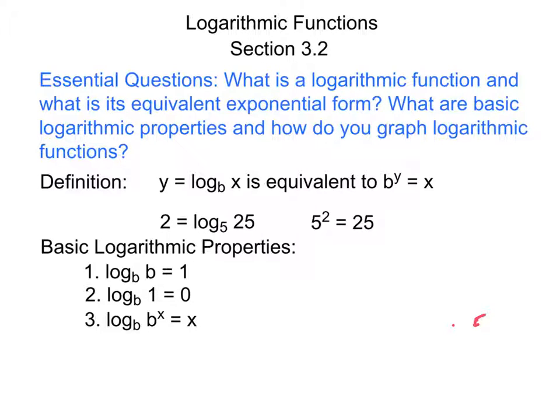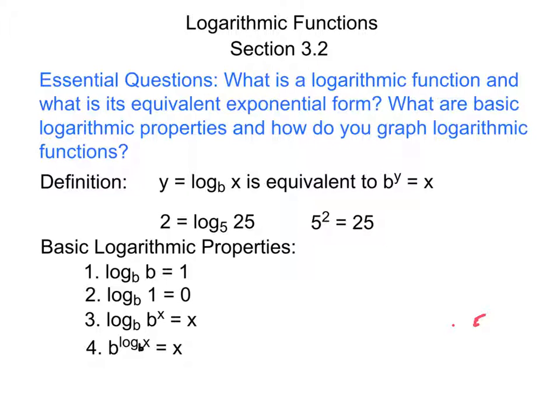The third property is that the log to the base b of b raised to the x power is simply equal to x. Again, if we go back up to the exponential form and convert this, we get that b to the x is simply equal to b to the x.